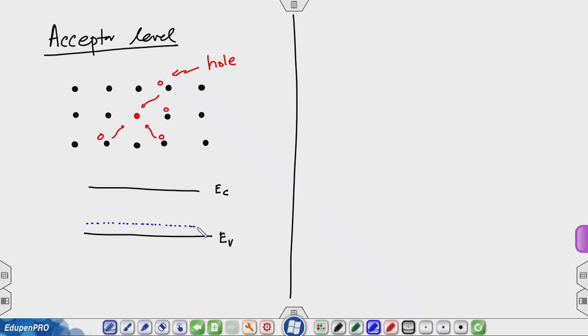So, the level is going to be somewhere here, which I am going to call E acceptor, and we will do that calculation in a bit. So, what is happening is that the electron from here needs to be promoted to this level in order to create a hole.